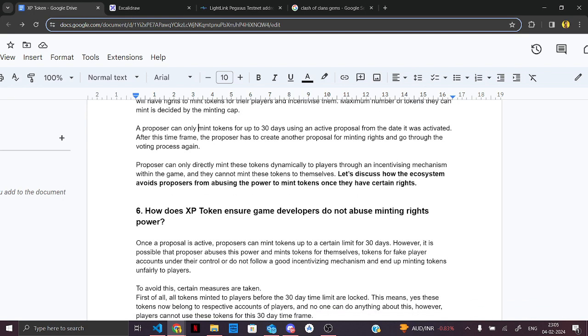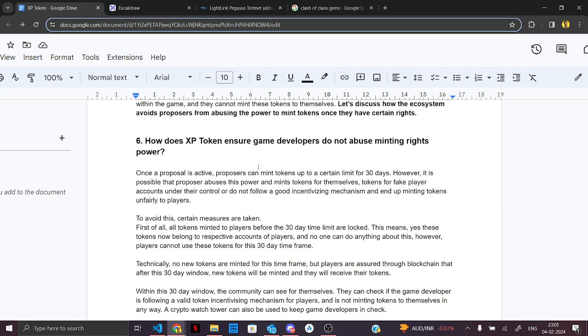So now let's try to understand. The proposer can only mint these tokens directly to players through incentive mechanisms within the game, and they cannot mint these tokens for themselves. But let's discuss how the ecosystem stops proposers from misusing the power to mint tokens once they have certain rights.